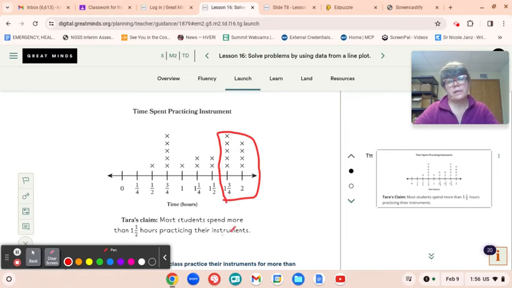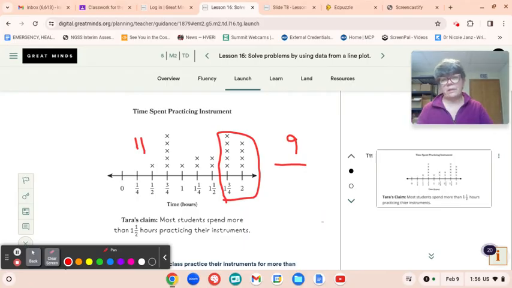How many people practice 1 3/4 and 2 hours? 1, 2, 3, 4, 5, 6, 7, 8, 9. 9 students. And how many people practice less than that? 1, 2, 3, 4, 5, 6, 7, 8, 9, 10, 11. So I don't think we can say most of them are practicing more than 1.5 hours.